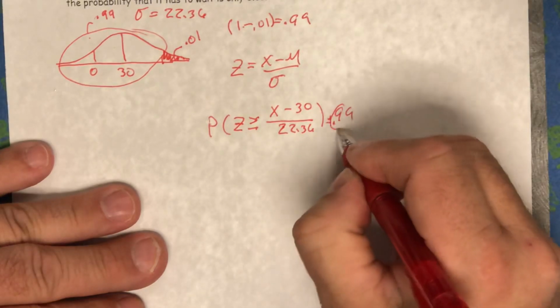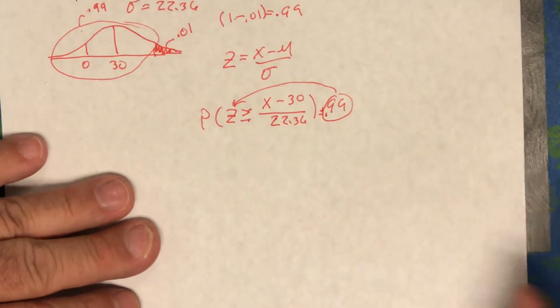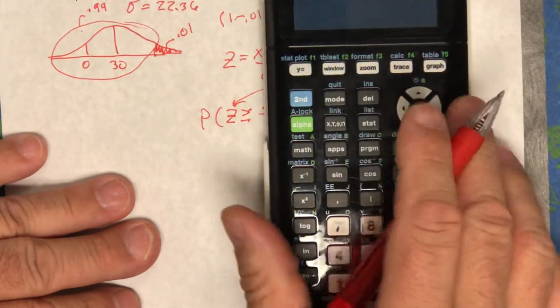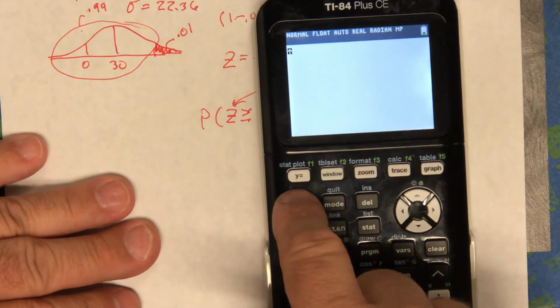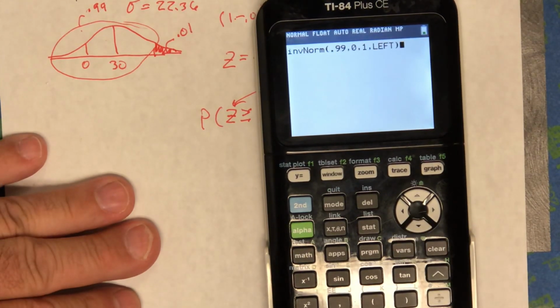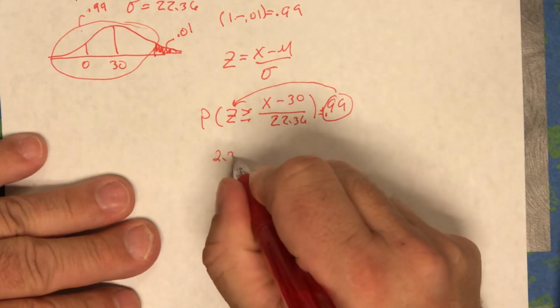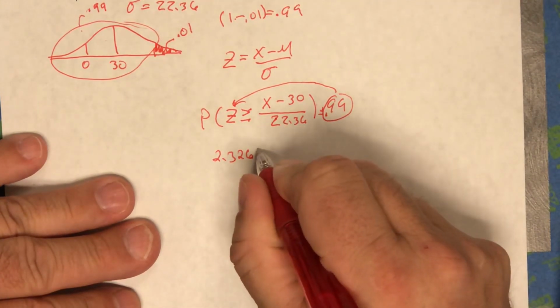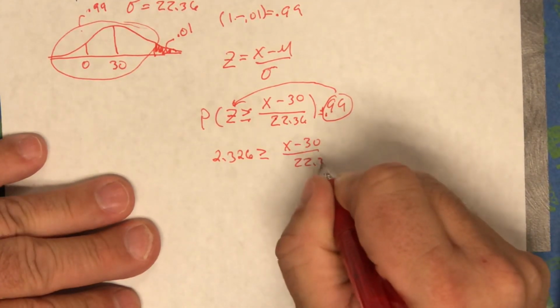Well, the fact that I have a probability, I need to convert that to a z-score. Anytime you take a probability and convert it to a z-score, it's an inverse norm. So second vars, inverse norm, area is 0.99, and we end up getting 2.326. So 2.326 is greater than or equal to x minus 30 over 22.36.